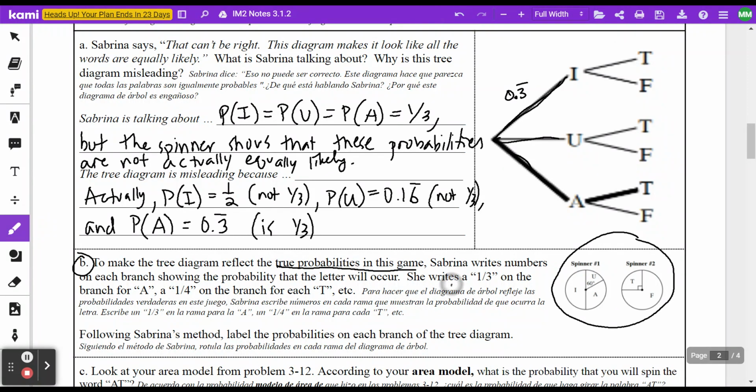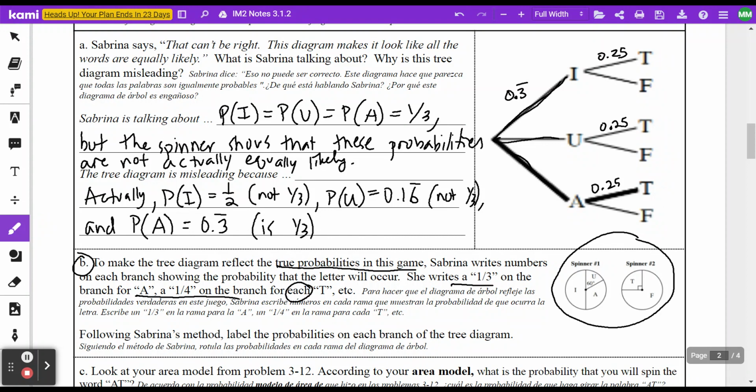She writes 1/4 on the branch for T. I'll be writing 0.25. And we need to do each T, because once I roll I don't know if I'm going to do T or F, so I need to have both possibilities represented. Once I roll U, I don't know if I'm going to get T or F. I need both probabilities represented. Once I spin A, I don't know if I'm going to spin T or F. I need both probabilities represented.